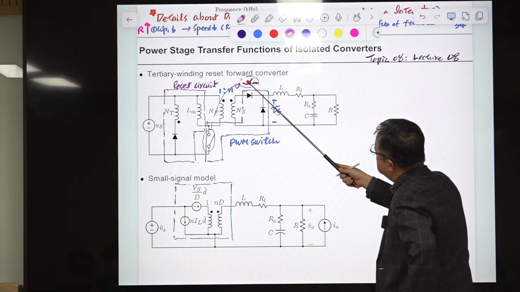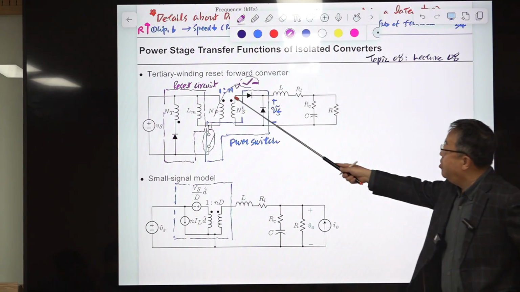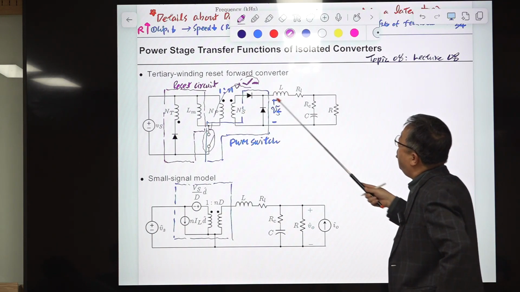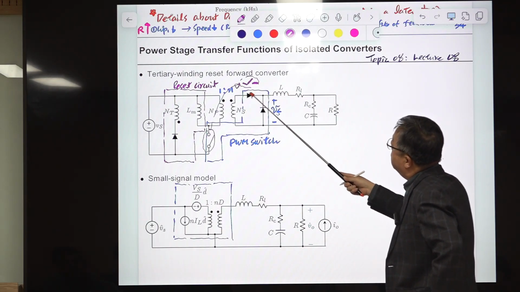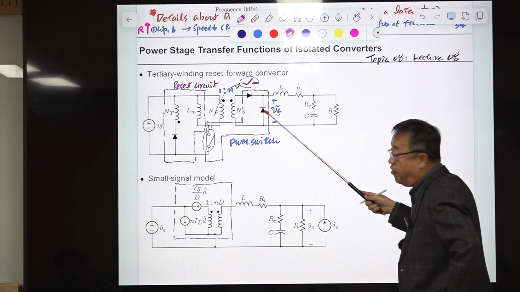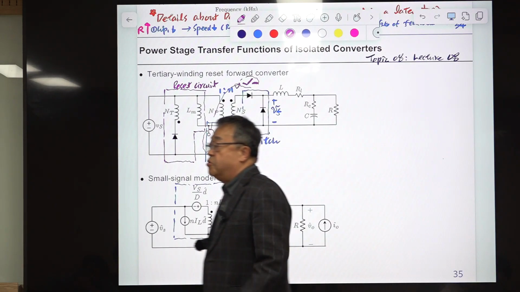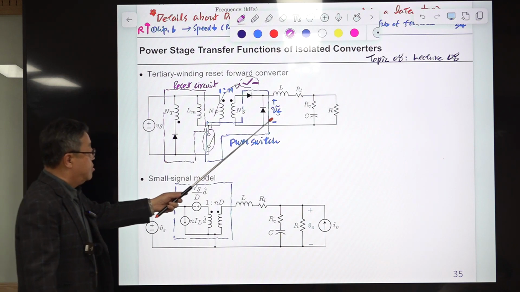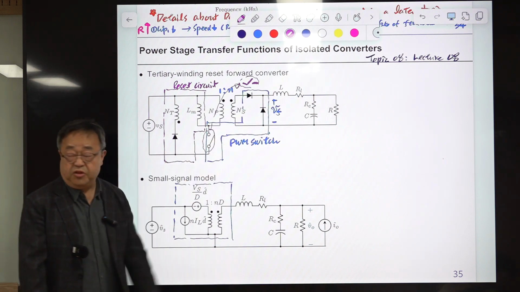When this switch is turned on, then this diode will be turned off because of the voltage across this secondary winding, and some current is built up here. Then when this switch is turned off, this diode is conducting. When this switch is turned on, this diode is reverse biased, so that diode is off, and now this diode is turned on to create the freewheeling path of this inductor current.